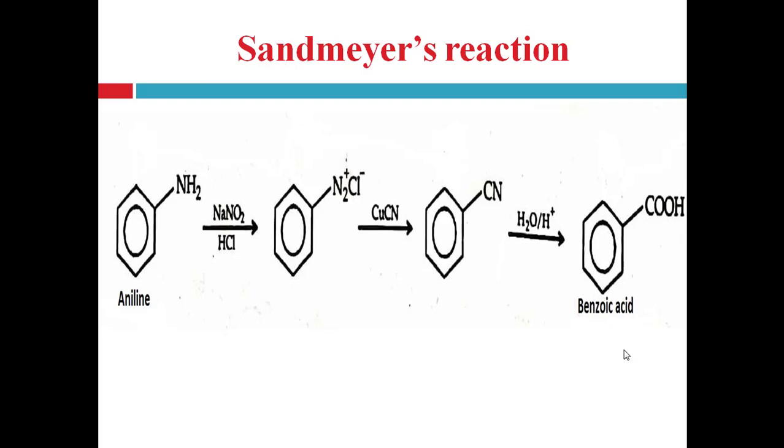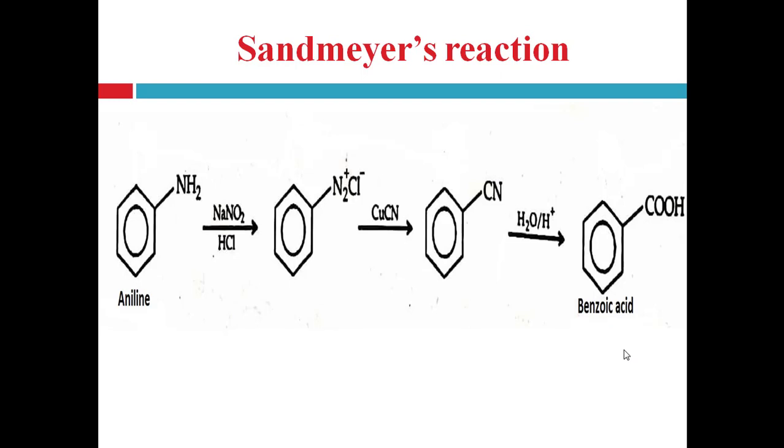Now this benzene diazonium chloride reacts with cuprous cyanide, that is CuCN, and the cyanide group replaces the diazonium chloride group N2Cl, right? The diazonium chloride group is replaced by the cyano group CN and converted into cyanobenzene.